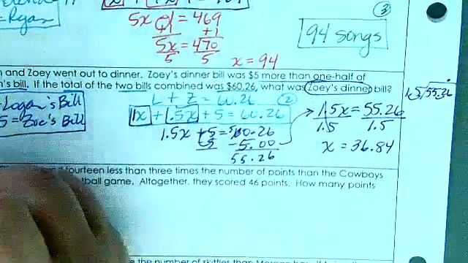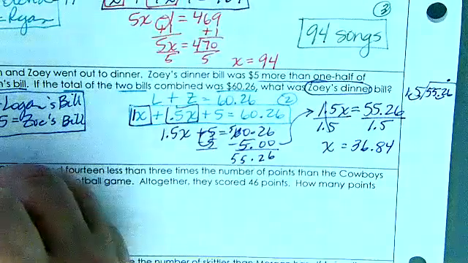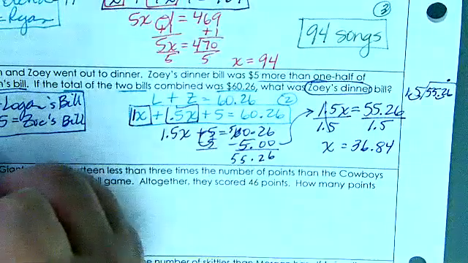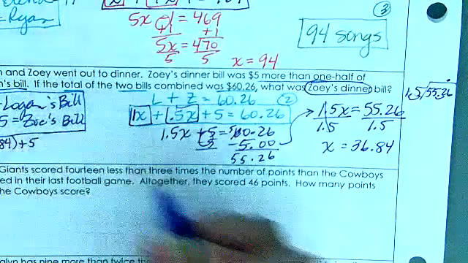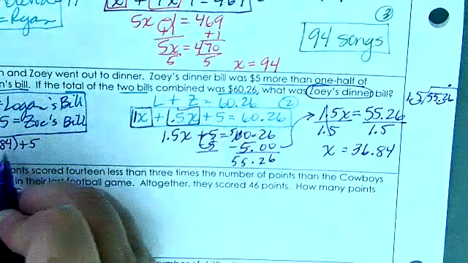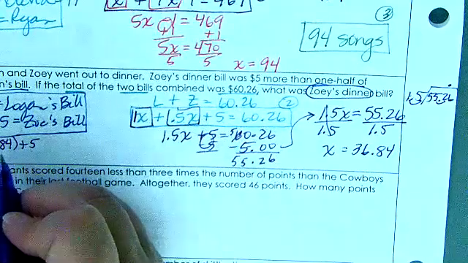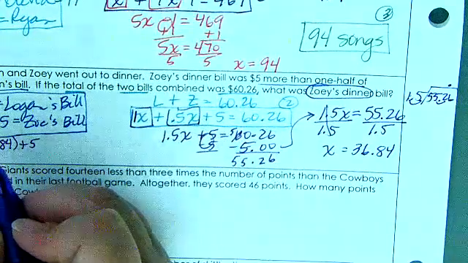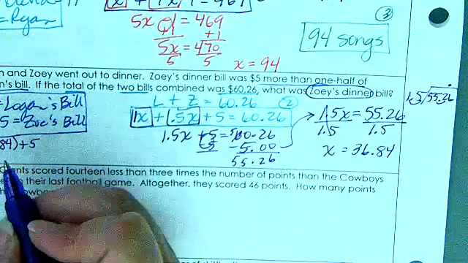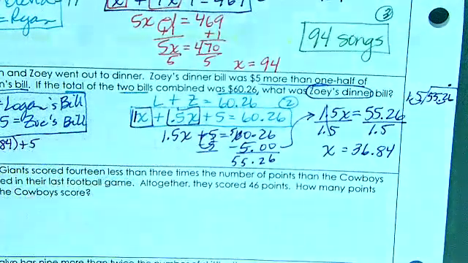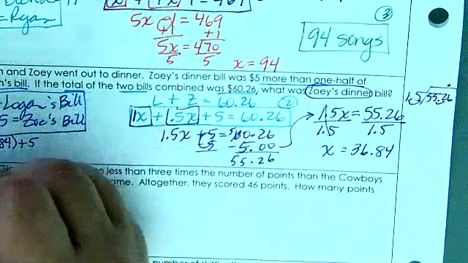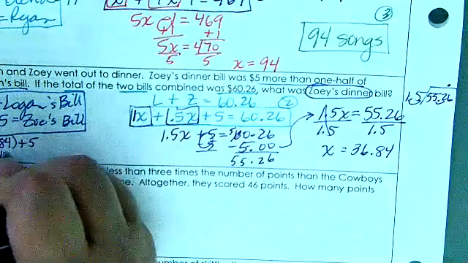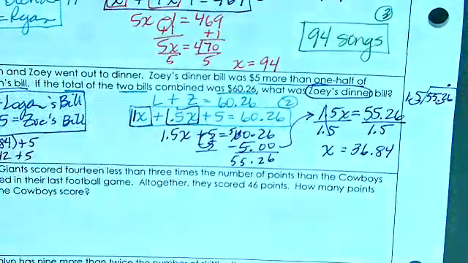So I have to do 1/2 times 36.84 plus 5. So I've got to do half of this, which is going to give me 18.42 plus 5.